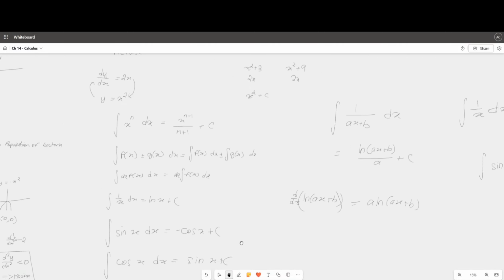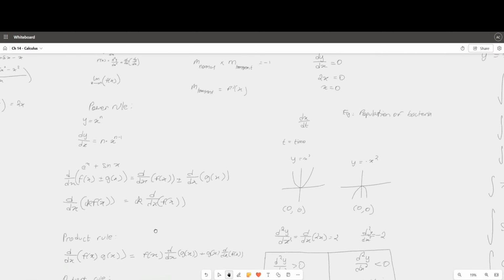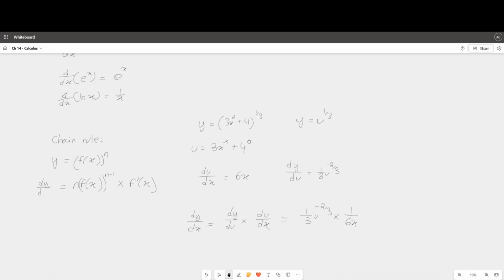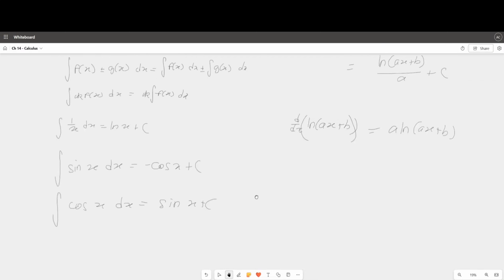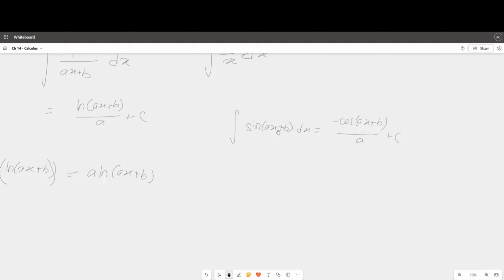Remember how in the chain rule we multiplied by the derivative of the inside. Well, in integration we're going to divide by the derivative of the inside. So if this were, let's say, x squared, then we would be dividing by 2x, and fortunately we don't actually have that in the syllabus, but that's also needed.